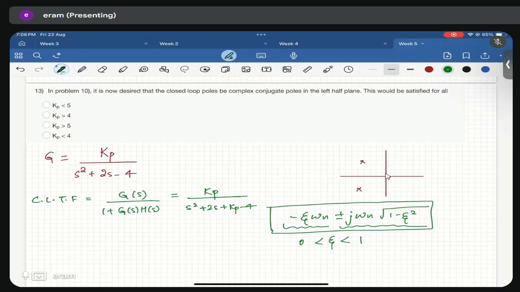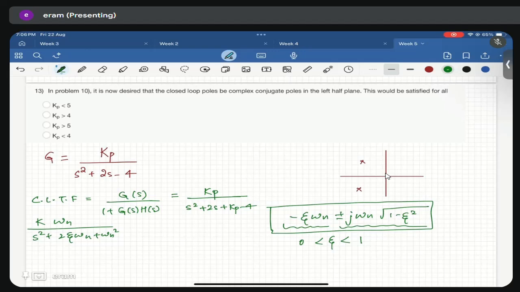And the standard second order plant, we write it as s square plus 2 zeta omega n s plus omega n square. There can be some constant in the numerator also, we don't bother about it.